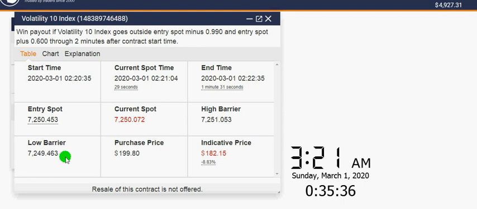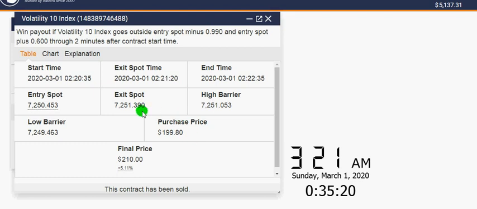Okay, I'm moving towards the lower barrier right now, 250 again. Is that the end time? We are close. We already won that trade again.